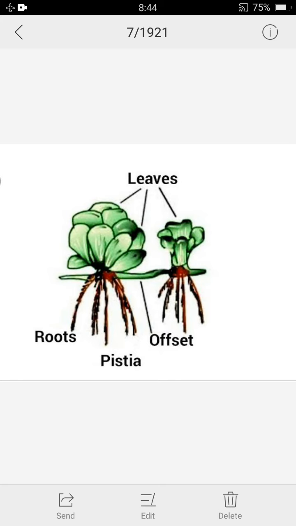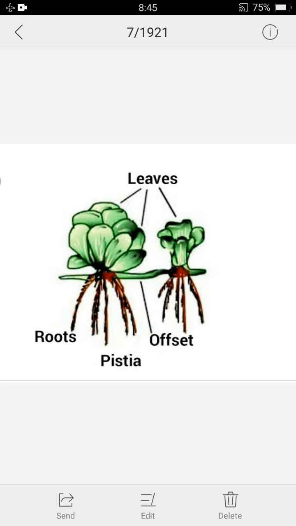From the nodes all the leaves are very compressed in nature and appear like a flower, like you can see in cabbage and cauliflower. That type of arrangement of leaves at one node in huge number, appearing as a big flower, is called a rosette of leaves.